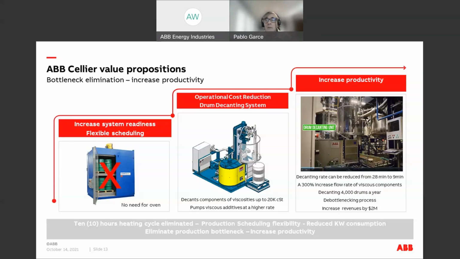The base oil is a component of the formula that you're doing, so we have inlets for base oils that are used in the formulation. Anyway, the idea is to go from half an hour to 9 minutes in decanting your drums and increase your productivity. So there's kilowatt savings, there's time savings, there's increased productivity, which represents a net revenue that we can calculate for a specific application.